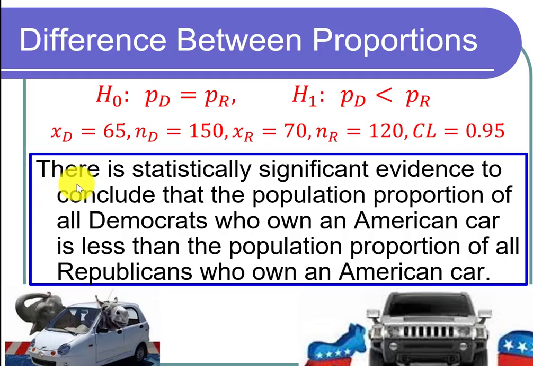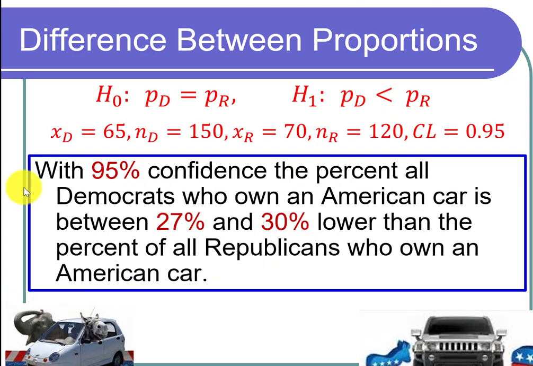So now let's state the conclusion formally. We can conclude there is statistically significant evidence that the population proportion of all Democrats who own an American car is less than the population proportion of all Republicans who own an American car, because our p-value is so small. In fact, we could even say there's strong statistically significant evidence with such a small p-value. Now let's look at the confidence interval.